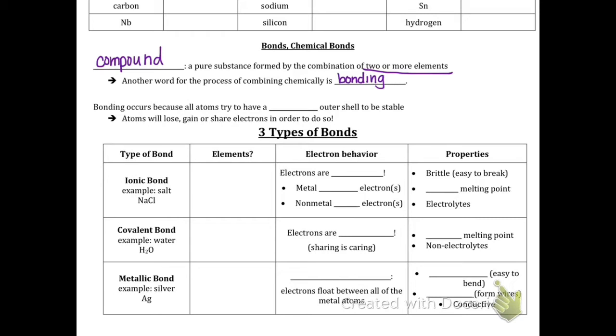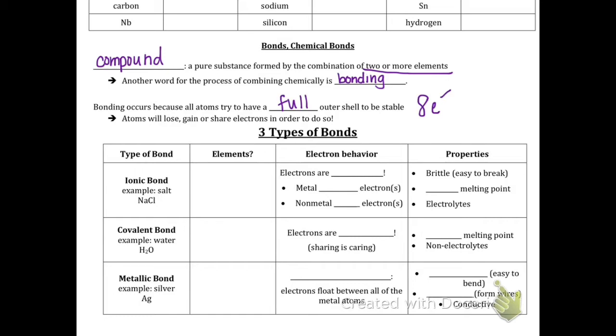Bonding occurs because, remember, all elements always want to have that full outer shell so that they can have a noble gas look, which is 8 valence electrons. So, atoms will lose, gain, or share electrons to get to that point. There are 3 different types of bonds, and let's talk about each type.